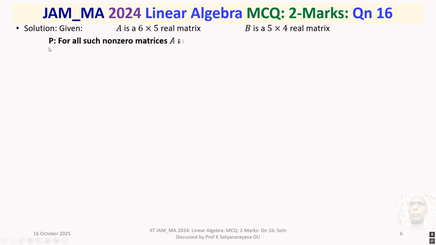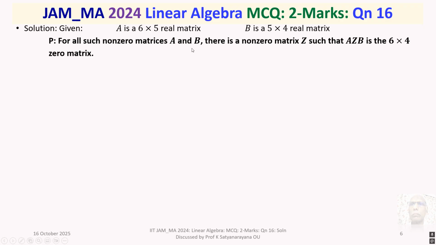Let's call the statement P. For all such non-zero matrices A and B, such means such 6 by 5 matrix A and 5 by 4 real matrix B, there is a non-zero matrix Z of suitable order such that AZB is a 6 by 4 matrix.